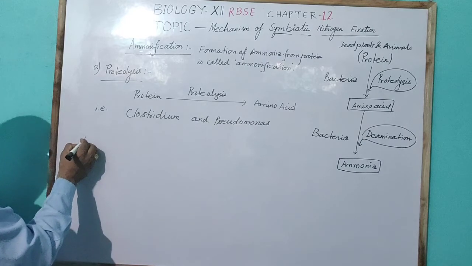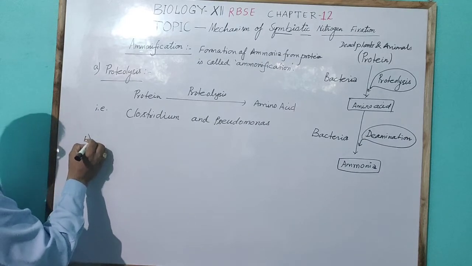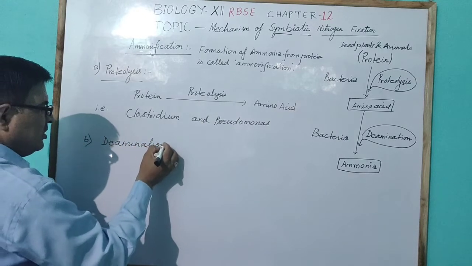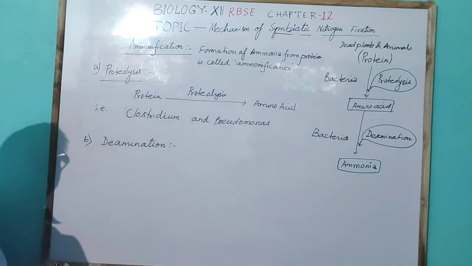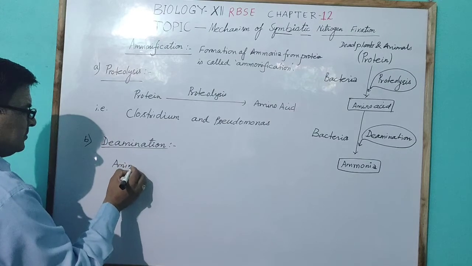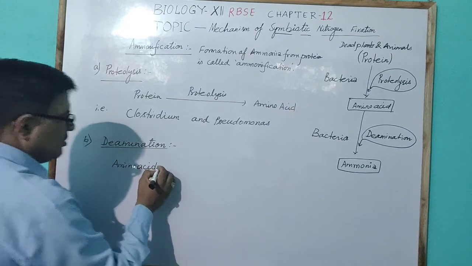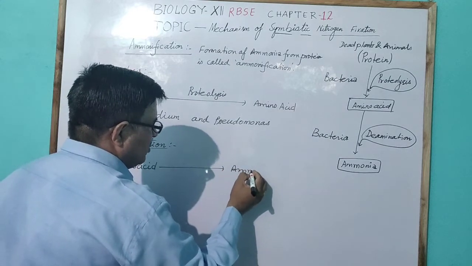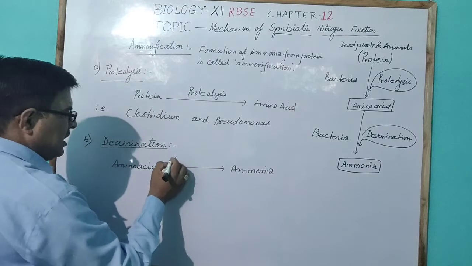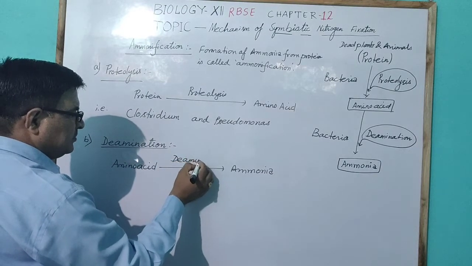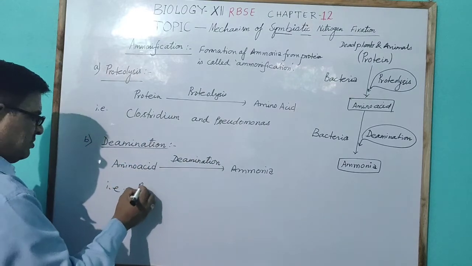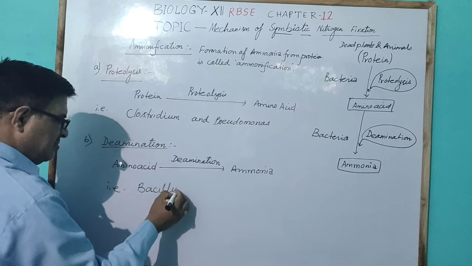The next step is called deamination. In the case of deamination, the amino acid changes into ammonia. This is called deamination, and it occurs, for example, by the Bacillus bacterium.